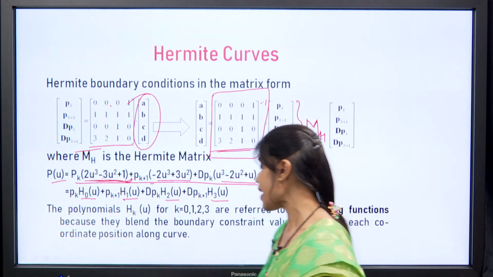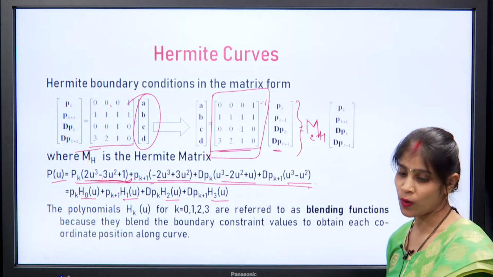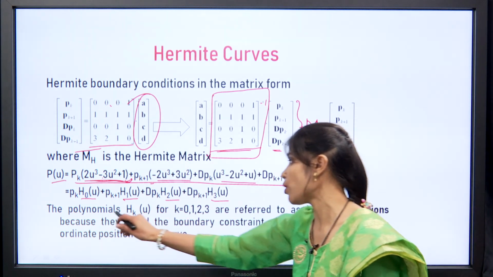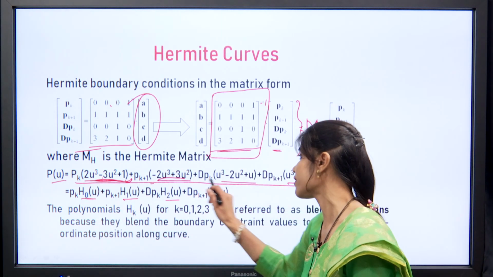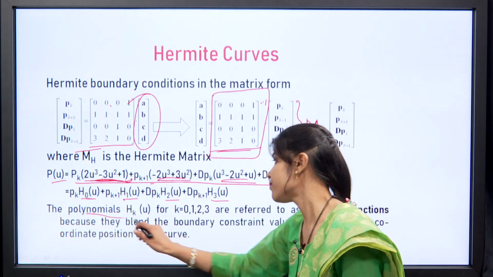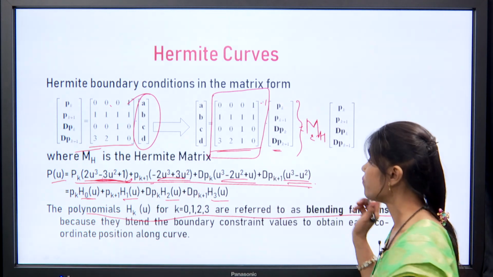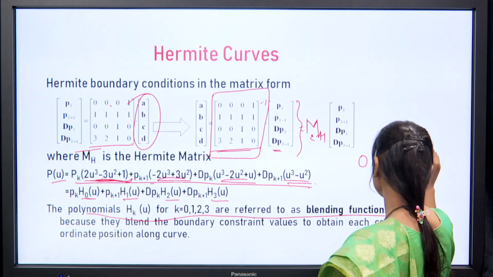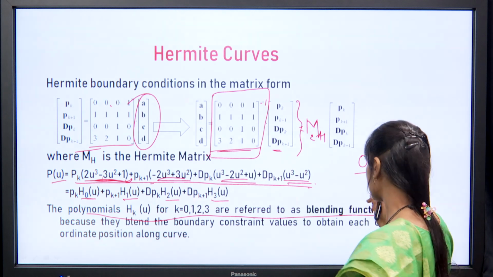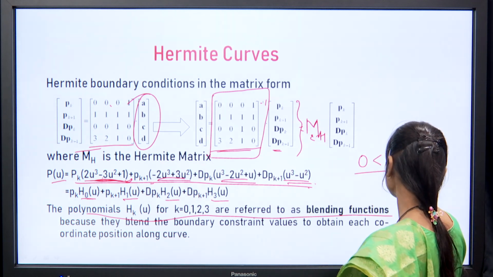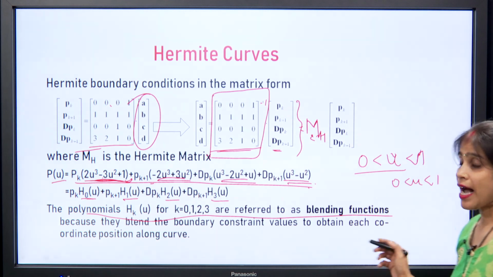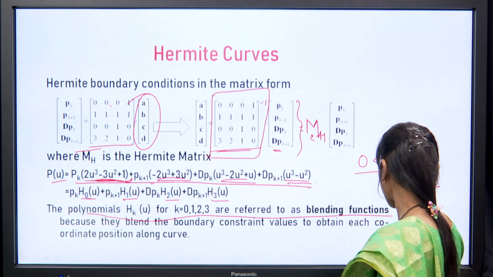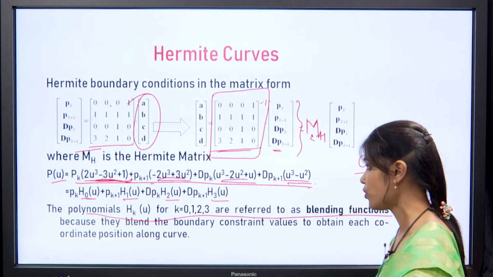Now, the polynomials hk(u) for k equal to 0, 1, 2, 3 are referred to as blending functions. Blending function means, suppose your curve lies between 0 and 1, and you substitute a value in between 0 and 1, suppose u is equal to 0.2.